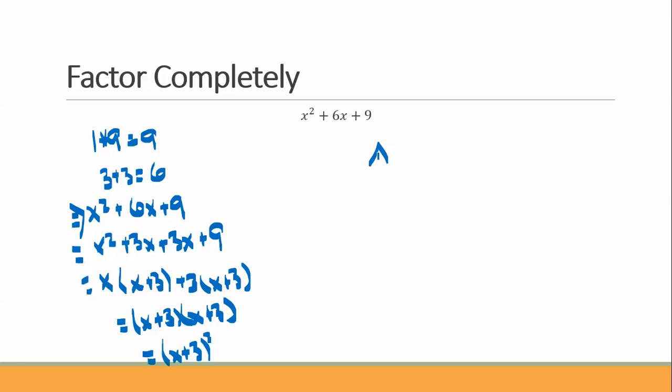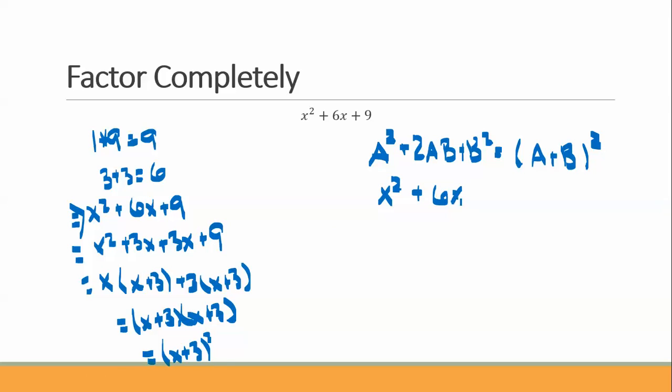Or we can try and identify the parts that we have. Our formula was a squared plus 2ab plus b squared is equal to the quantity a plus b squared. And we have x squared plus 6x plus 9.